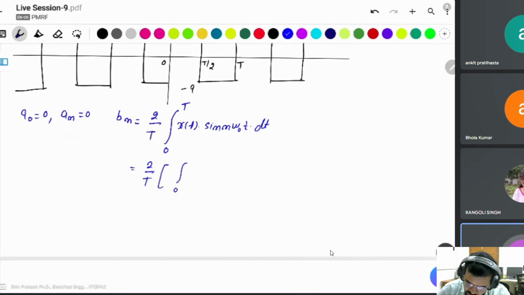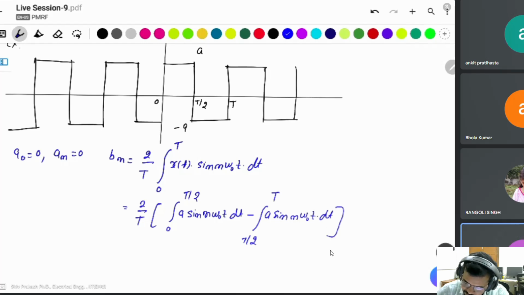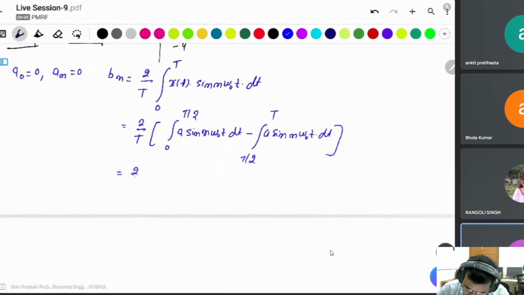You can break this into 0 to T by 2, because this is not a constant over 0 to T. From 0 to T by 2 it is a, after that it will be minus a. That's why this will be a sin of n omega naught t dt minus a, T by 2 to T, sin of n omega naught t dt. 2a by T you can take common.